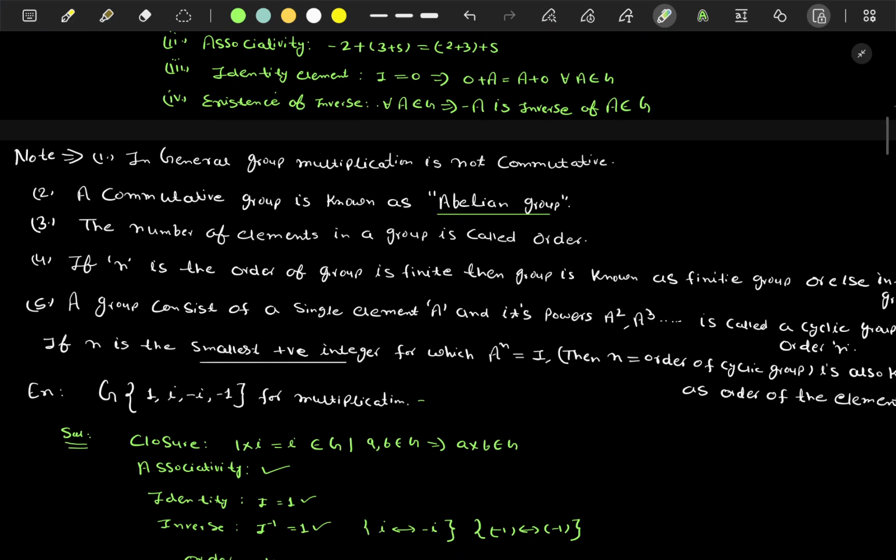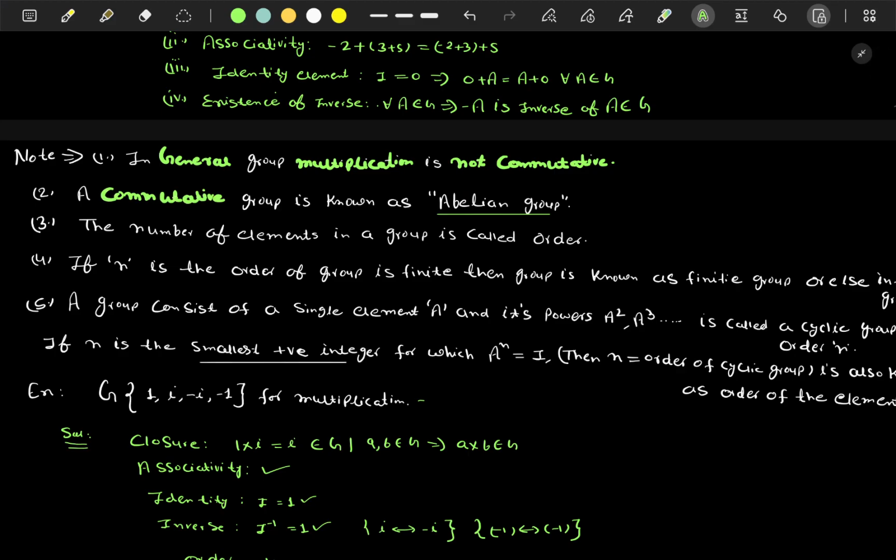Now in general, group multiplication is not commutative. We know what a commutative group is. The multiplication is not commutative, okay?